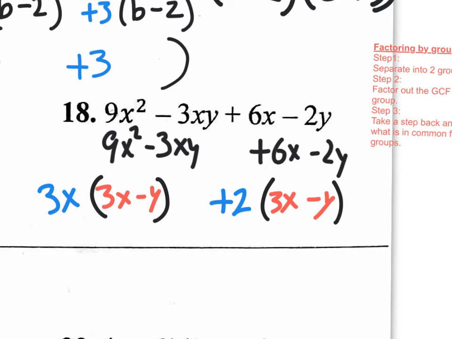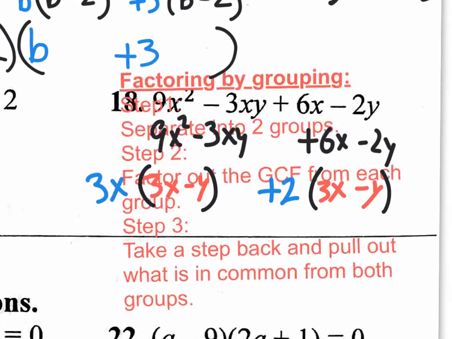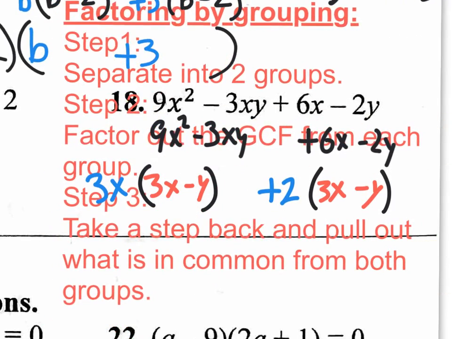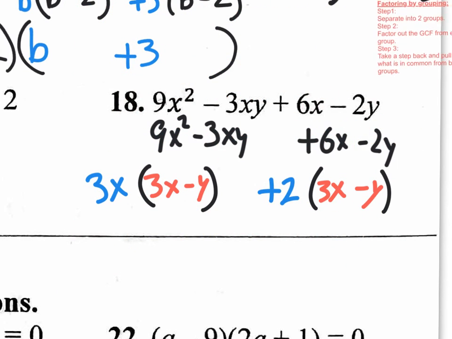So let's move on to step 3, which is to take a step back and pull out what's in common from both groups. So here's your first group. Here's your second group. What's in common in both groups? The 3x minus y.